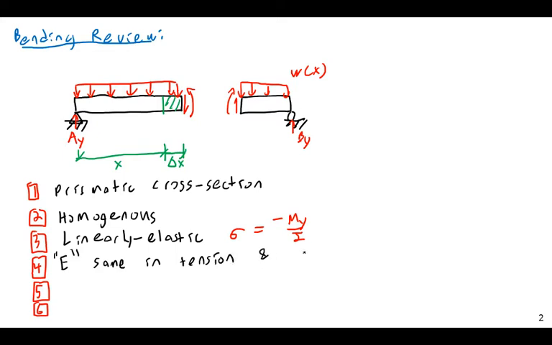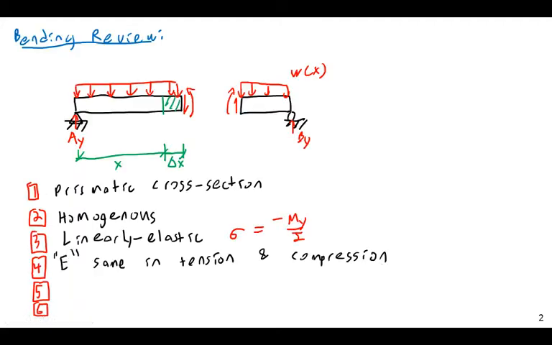So this would essentially go along with your isotropic assumption, and we are assuming long, slender, straight beams.